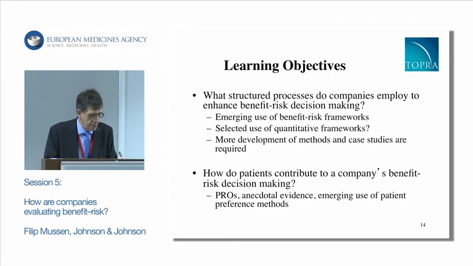In general, there needs to be much more development of methods and, in particular, case studies. All of this is just emerging. So we really need people to work on this, we need publications on these, and we need public discussions around the value of specific models and case studies. And with regard to patients' contributions, I tried to show that there is in particular an emerging use of patient preference methods. Thank you very much.